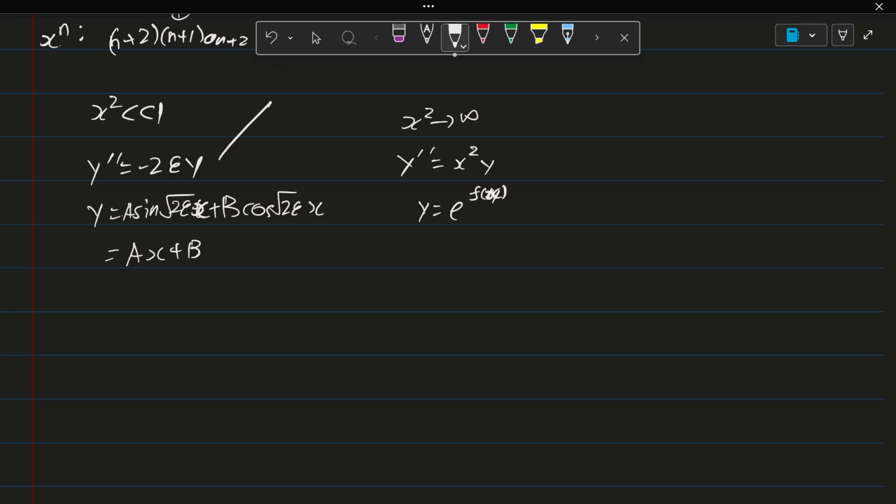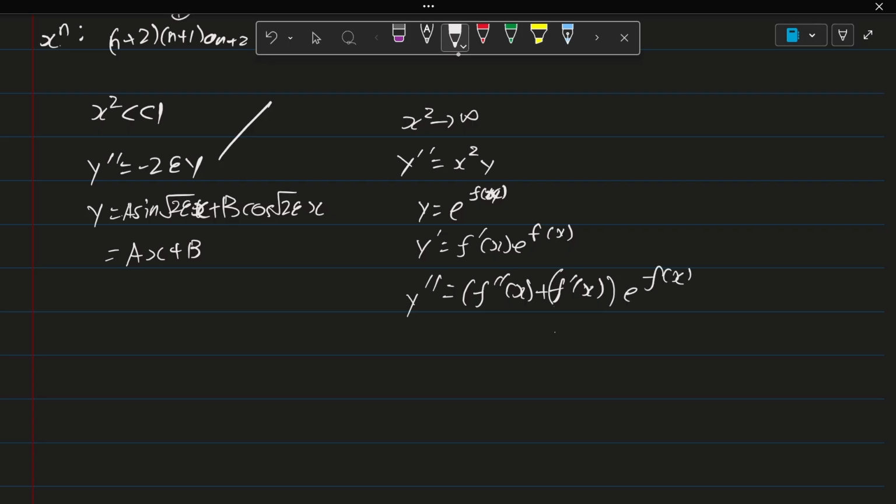If you do this, for the first derivative, this will become f prime of x times e to the power of f(x), which is fine. For the second derivative, it will become f double prime of x plus f prime of x squared, times e to the power of f(x).